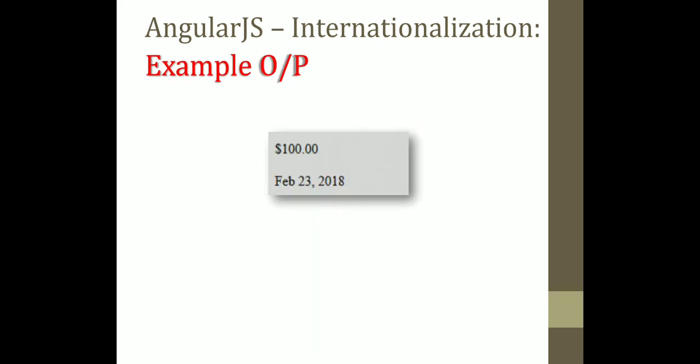Now how it will be shown: we have not defined the browser's language, so it is taken as US by default, so it is taking the value as $100.00 by default, and Feb 23 2018 as the date of the particular application.